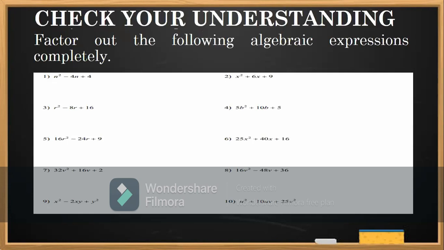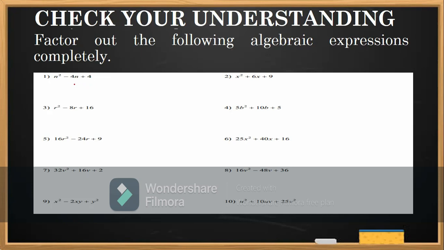Okay, so let's factor out the following algebraic expressions completely. If you need more time, you need to pause the video. Okay, so let's answer the exercise.